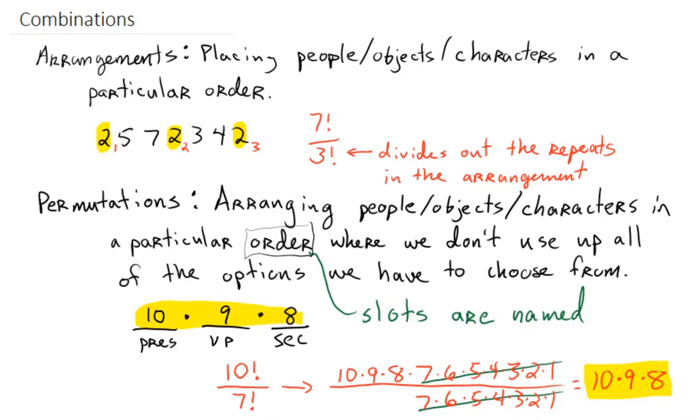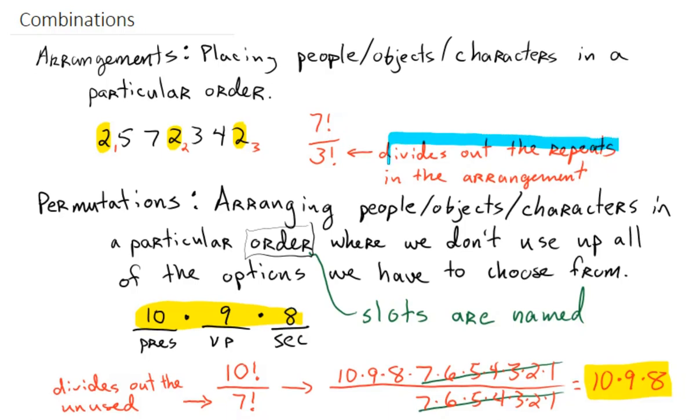Alright, so the idea here is we are dividing out, right here, we divide out the unused people, objects, or characters. Alright, so here we're dividing by 7 factorial because we only need 3 things to choose from. Alright, now all of this, why I'm talking about all this, is up here with the repeats. In arrangements, we talked about repeating where we divide out the repeats.